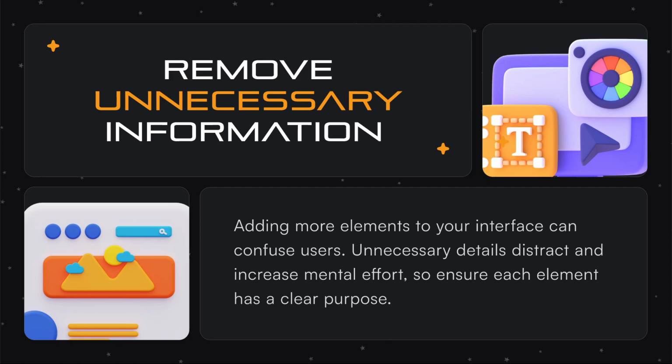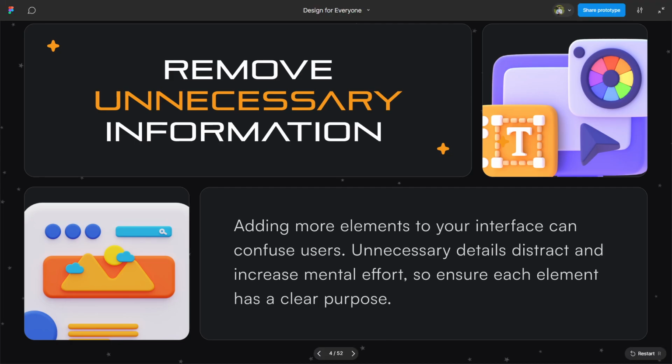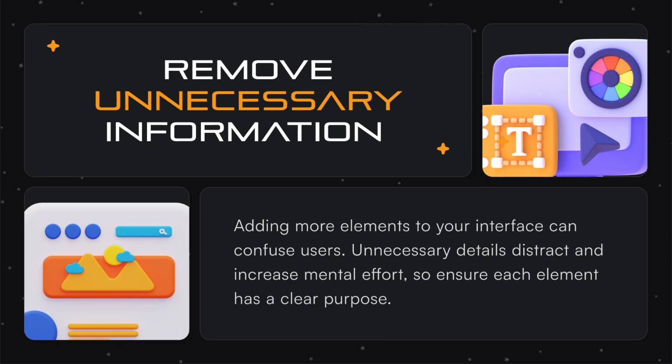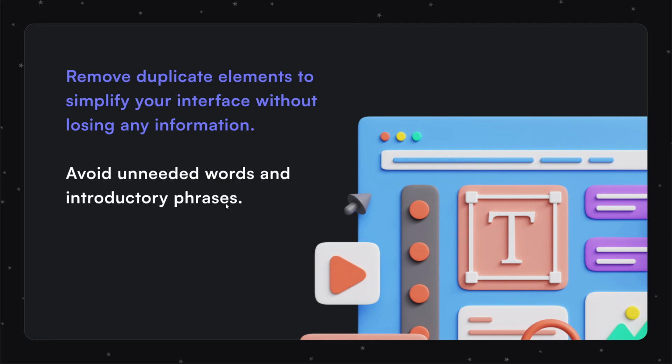Especially if there is what we call unnecessary information. Unnecessary information, guys, are those elements that are more of a distraction or increase cognitive load rather than giving benefit to the user, diba? So you should remove duplicate or unnecessary elements, and simplify your interface without losing any information, diba?